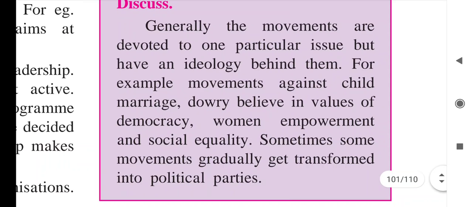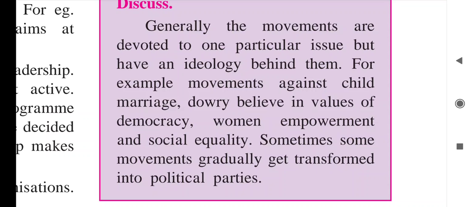Now let's discuss. Generally the movements are devoted to one particular issue but have an ideology behind them. For example, movements against child marriage and dowry believe in values of democracy, women empowerment, and social equality. Sometimes some movements gradually get transformed into political parties.